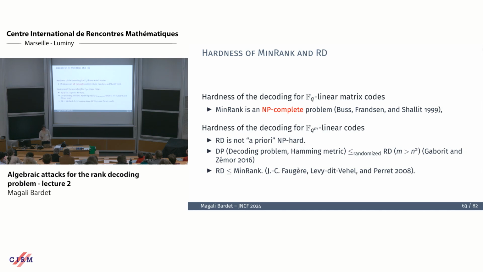And so there is no clear complexity result saying that the rank decoding problem is NP-hard. And the min-rank problem is clearly harder than the rank decoding problem because it's a generic version, and the rank decoding problem is a specific case with a structure.